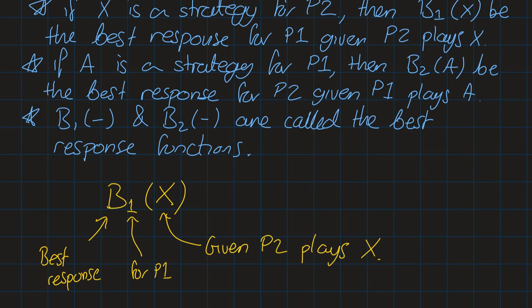And similarly, B2 of A is the best response for player 2 given player 1 chooses A.